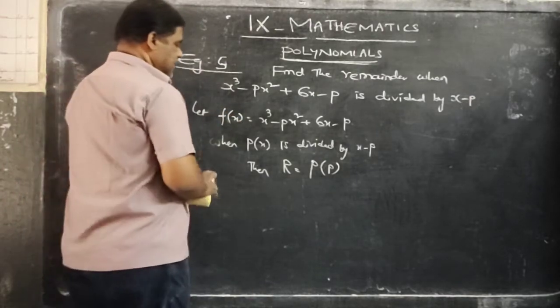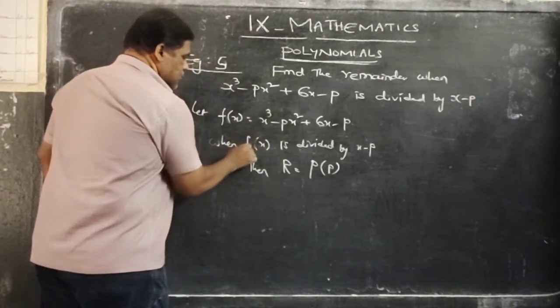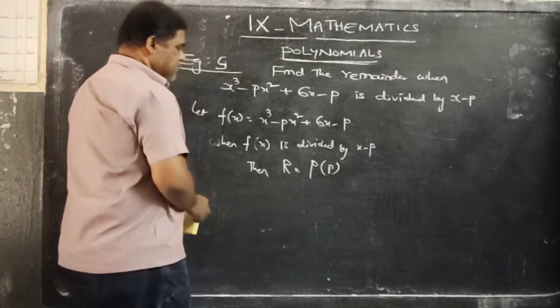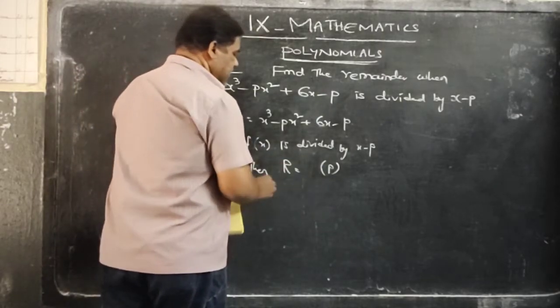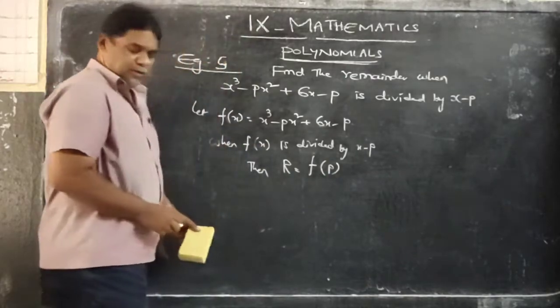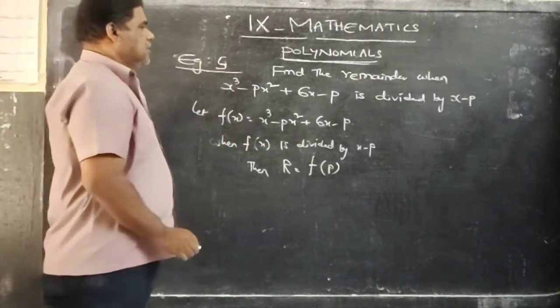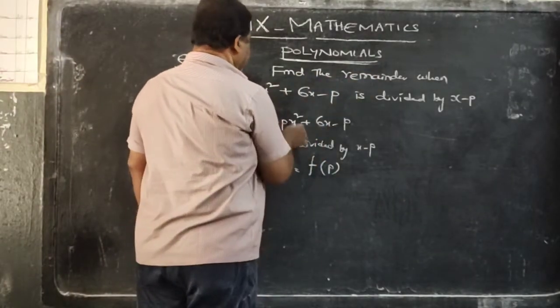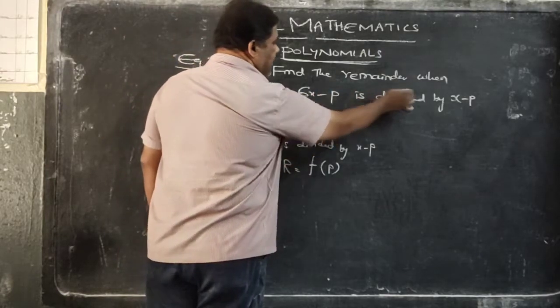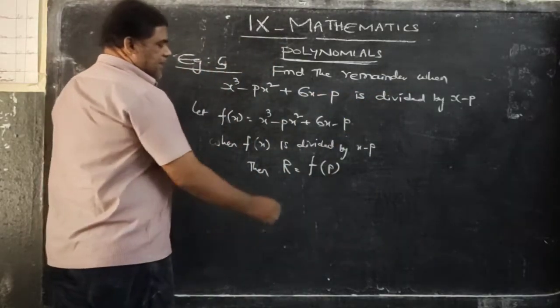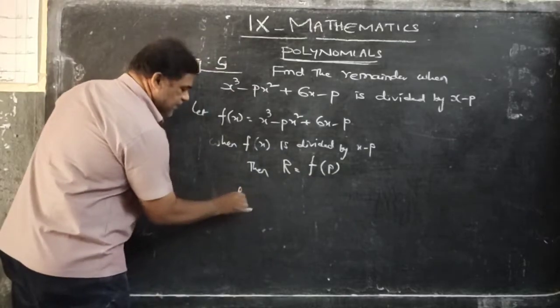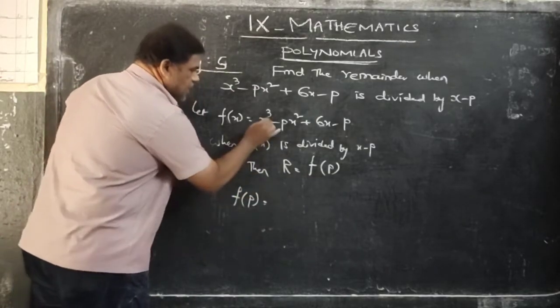So let us suppose f of x. When f of x is divided by x minus p, then the remainder is f of p. So f of p we have to find. Let us find out f of p.